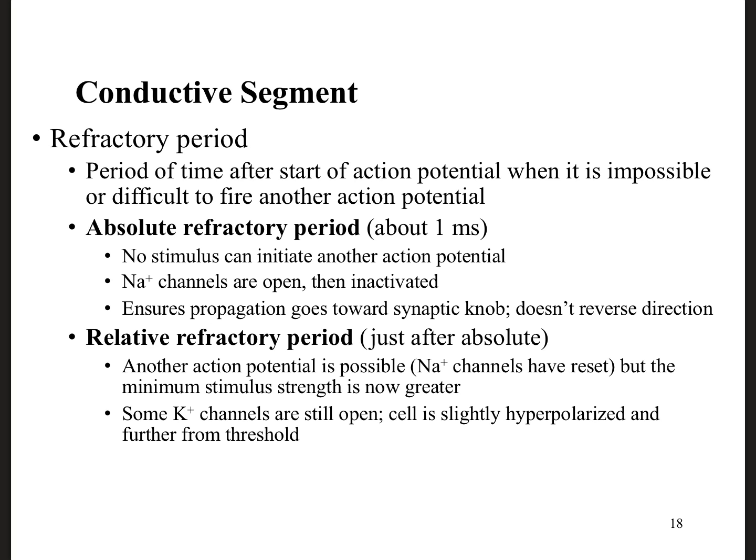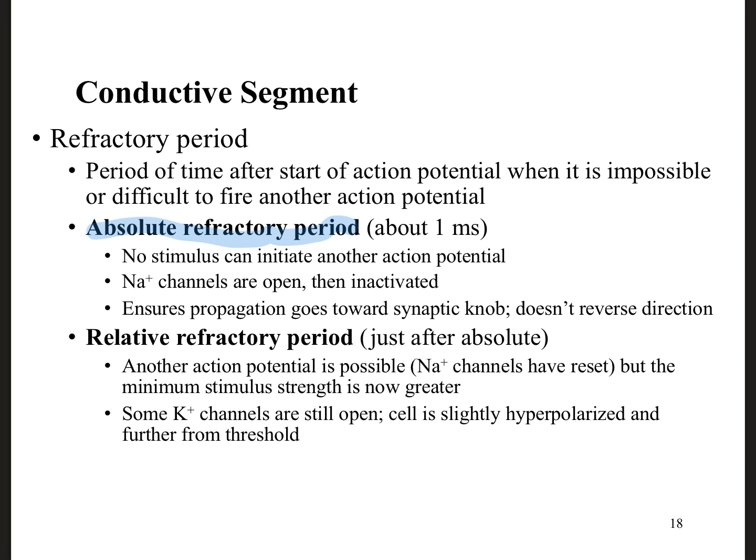All right? Now, in the conductive segment, there's what we call a refractory period, both absolute and relative. An absolute refractory period means that no stimulus can be initiated. You can't generate another action potential. Okay, so an action potential is generated and it's propagated from one part of the axon to the next.